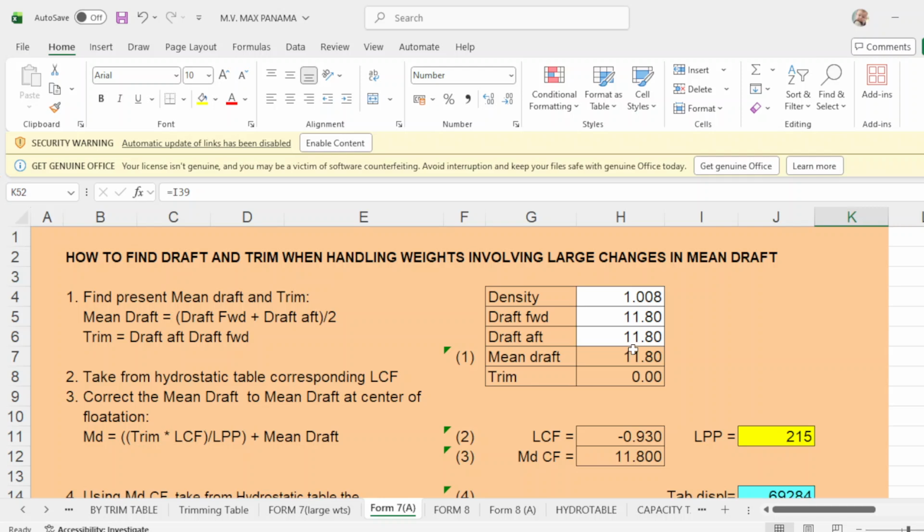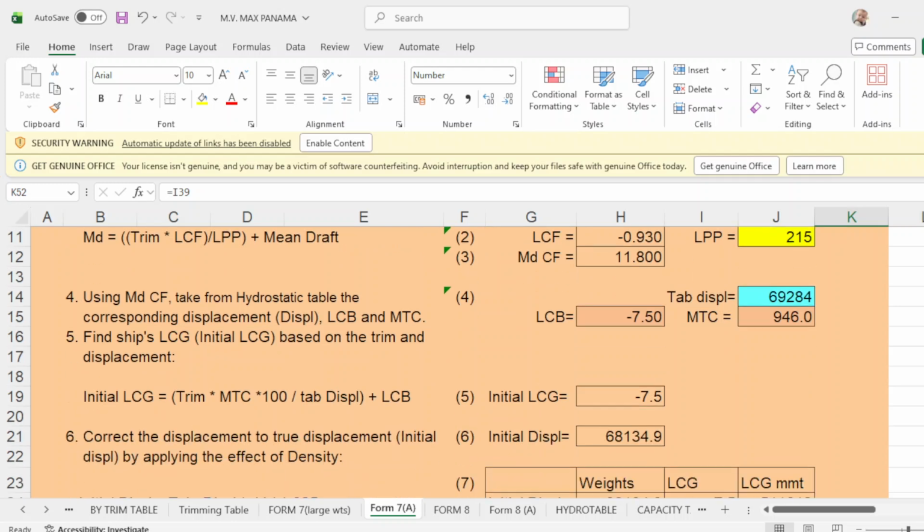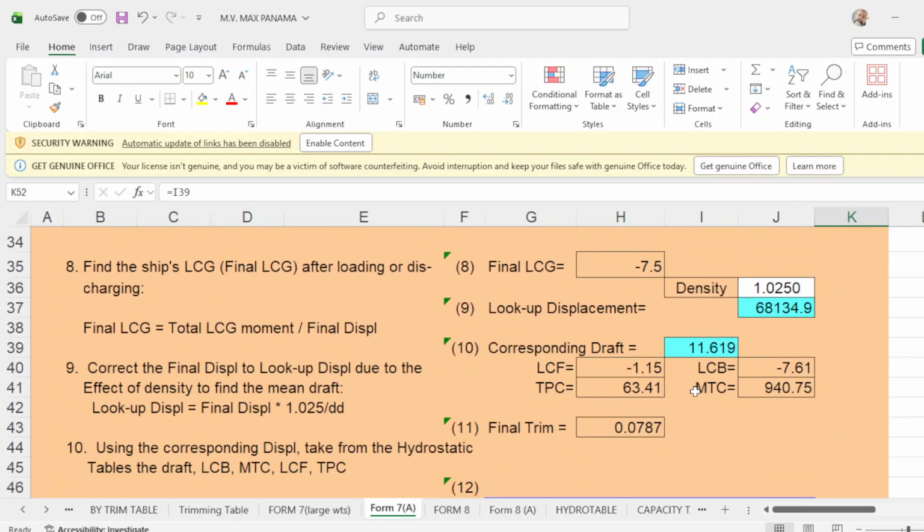Take note, 11.80 going to salt water, and your drop is less, 11.62 from 11.80, because its density is 1.025 salt water. So the vessel will rise up.